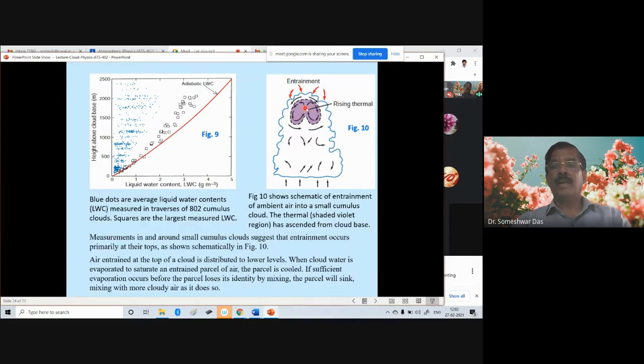So the downdrafts originate somewhere below the top of the cloud and then spread out from the base. When we stand close to an approaching cumulonimbus cloud, we start feeling chilled air because of the downdrafts, which originate at a high altitude and spread down outside the base of the cloud.